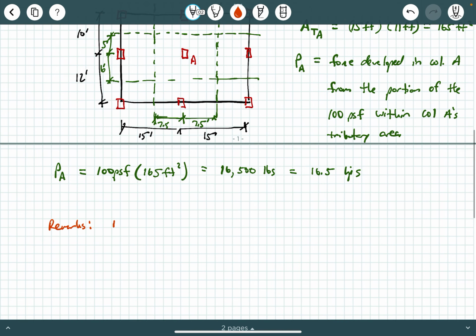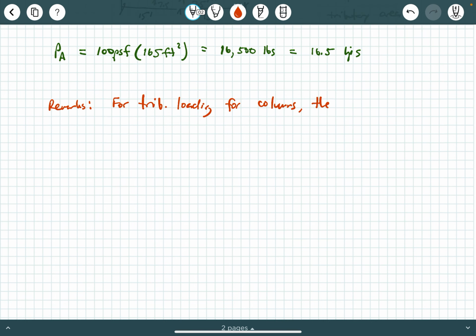Remarks. For loading, let's say tributary loading, how about that? For trib loading for columns, what we do is we say the column force is computed as P column equals Q times A sub T of that particular column.